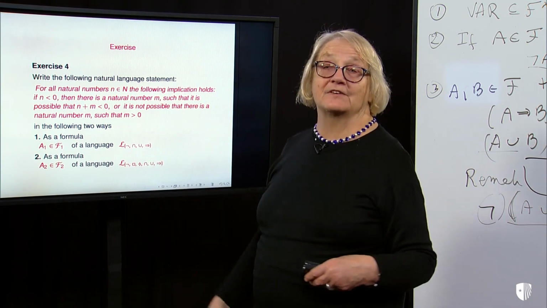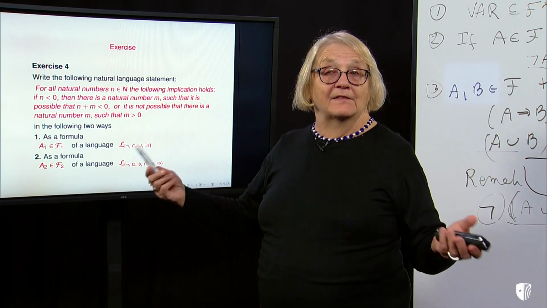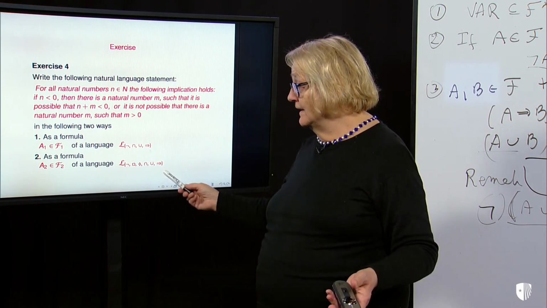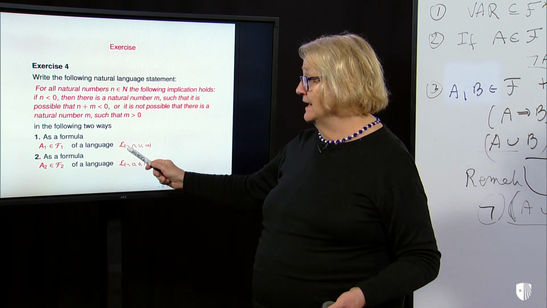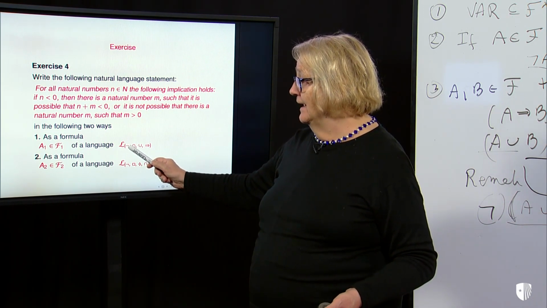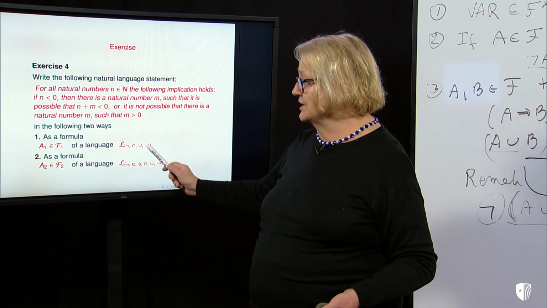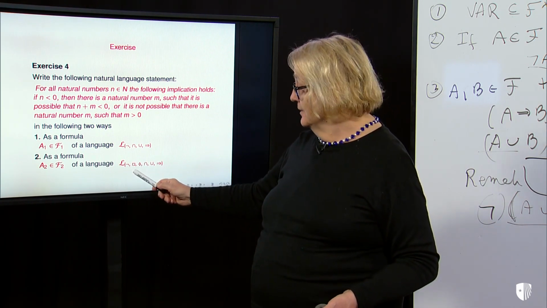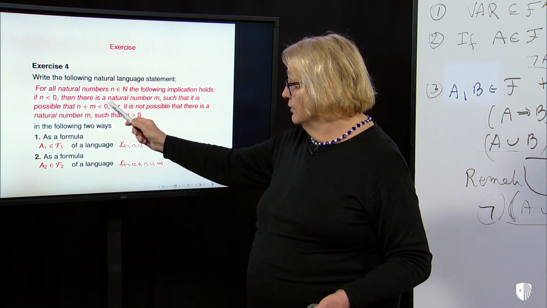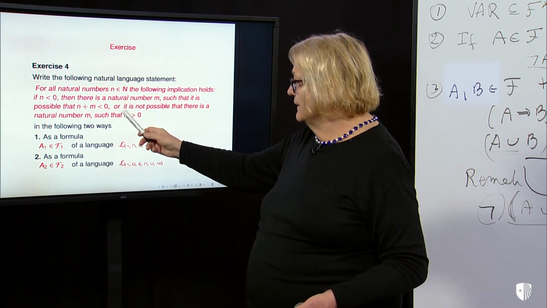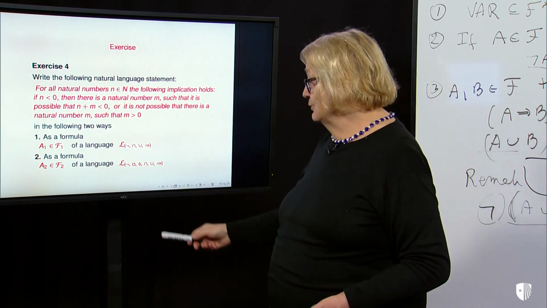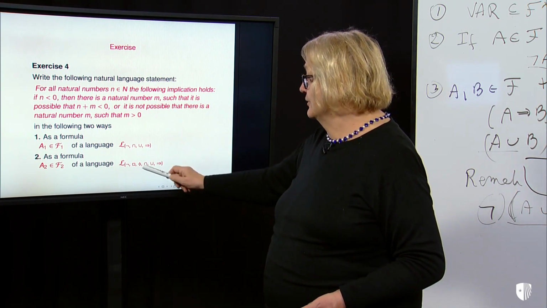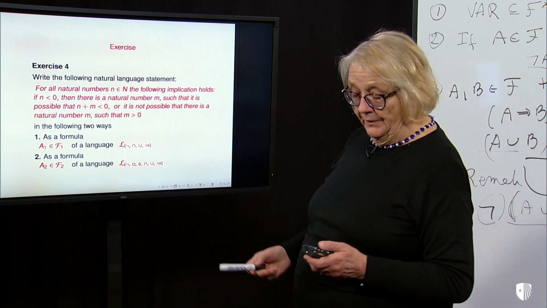So for example, you have a sentence and translate it into this language or that language. This language has only negation, conjunction, disjunction, and implication, and this language has modal connectives, because you can see here you have words like necessary, not, possible. Possible is this connective, and so on.